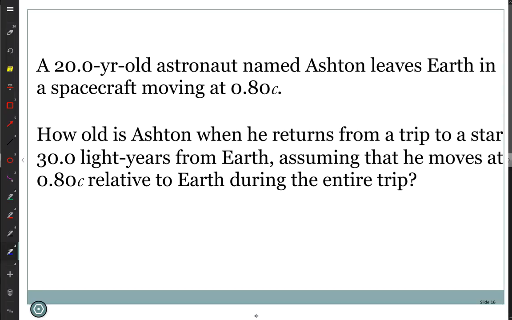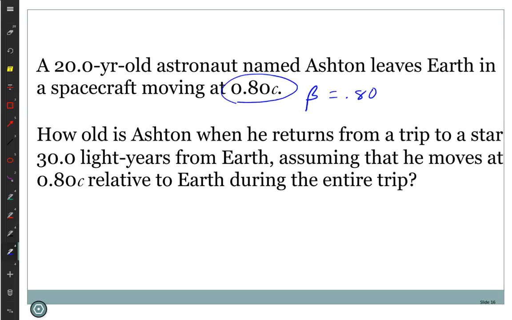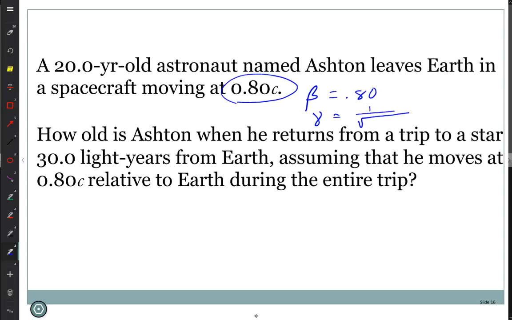Okay, we need to know how fast it is, and we have that. So beta is equal to 0.80, right? Speed is 0.80 c, so beta is 0.80. Once I have that, I immediately say, well, let's calculate gamma. And this is chosen to be easy. 0.8 squared is 0.64. 1 minus 0.64 is 0.36.